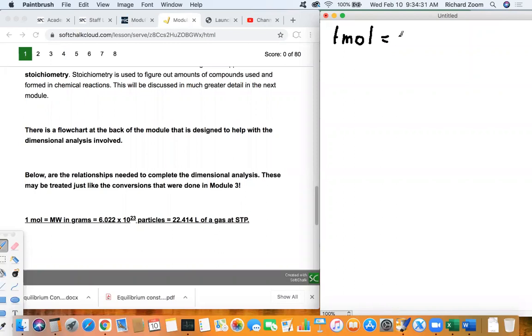So 1 mole is equal to 6.022 times 10 to the 23 particles.